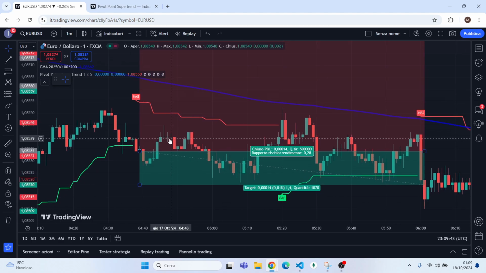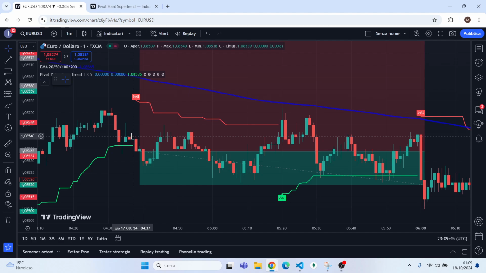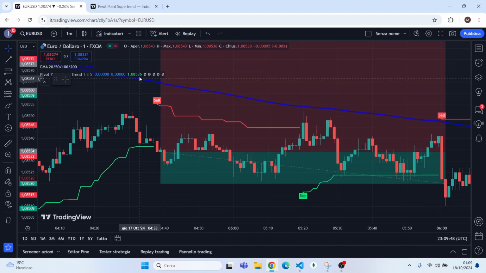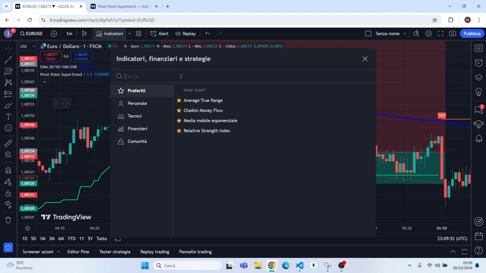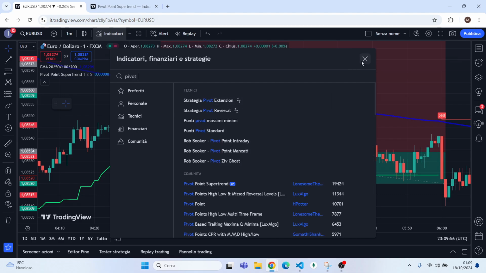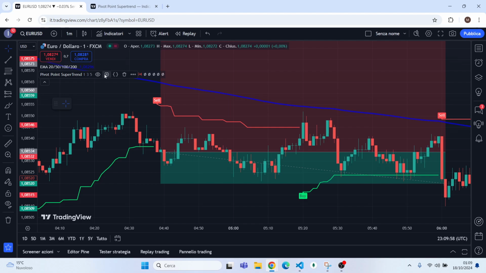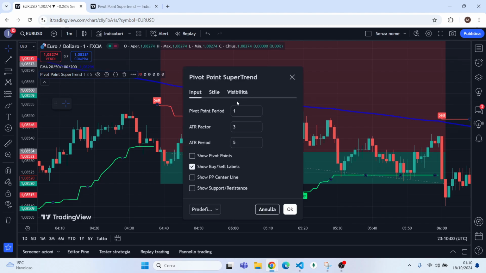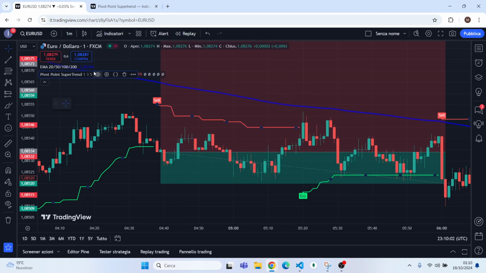In order to take a short position, you have to check for only two conditions. You have to check for this indicator, Pivot Point, this one, and then you have to set the settings as I did here, and then you have to plot on the chart the EMA 200.